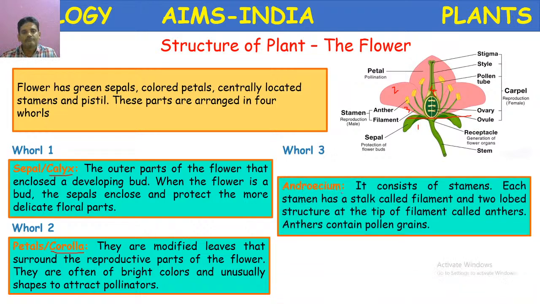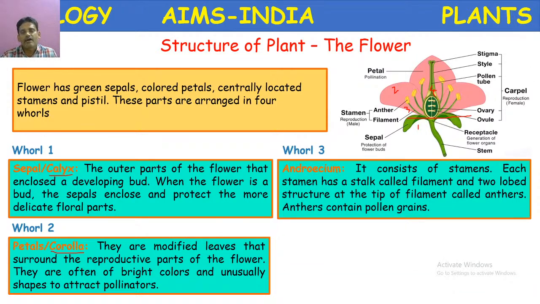Next, third whorl. The third whorl is the first internal whorl, that is androecium, or we can call it stamens. Androecium consists of stamens. These are the male reproductive parts of the flower. Each stamen has a stalk here. See, in different flowers, different kinds of arrangements are there.